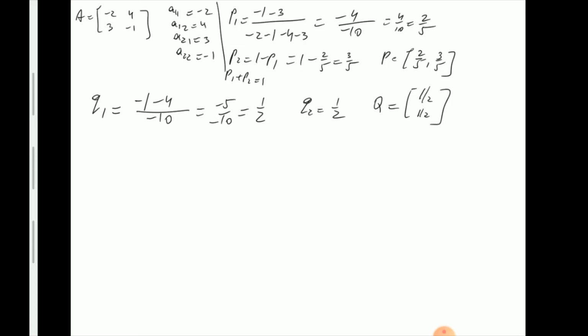So let's compute the expected value at the optimal strategy. That's 2/5, 3/5 times the matrix -2, 4, 3, -1, times 1/2, 1/2. The first entry is -4/5 plus 9/5.